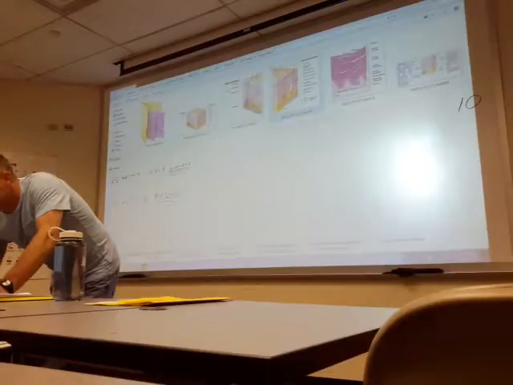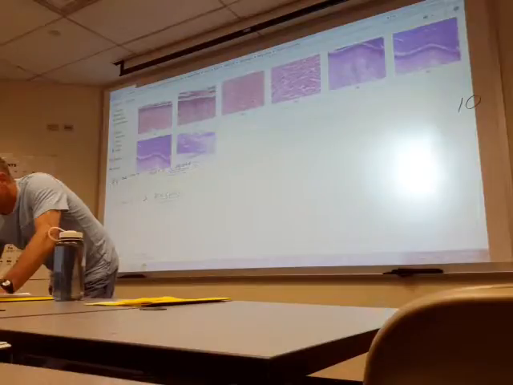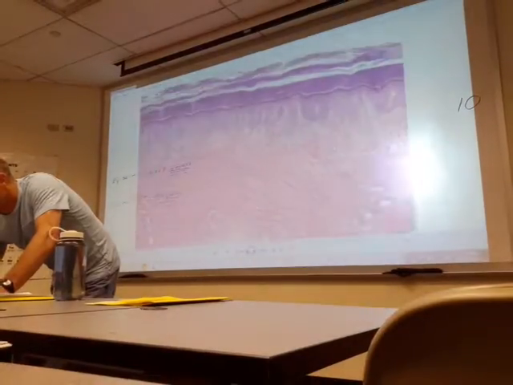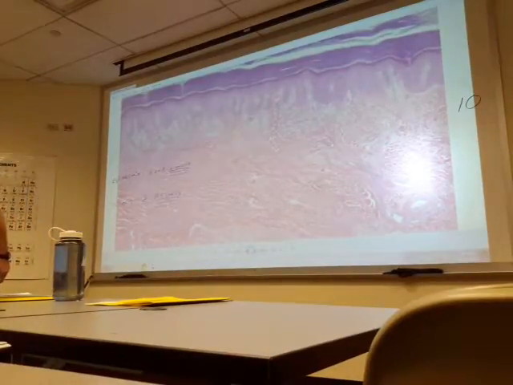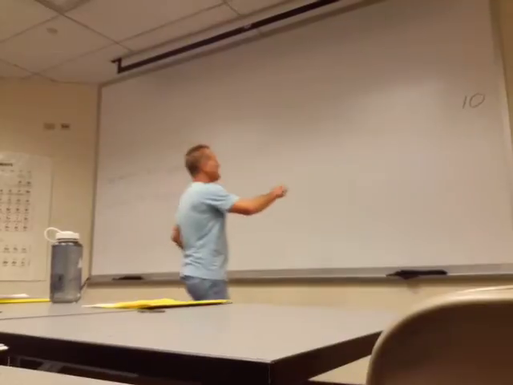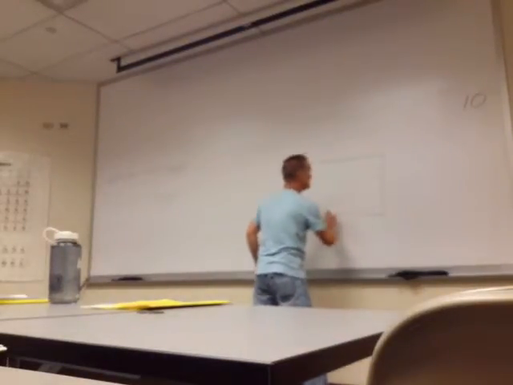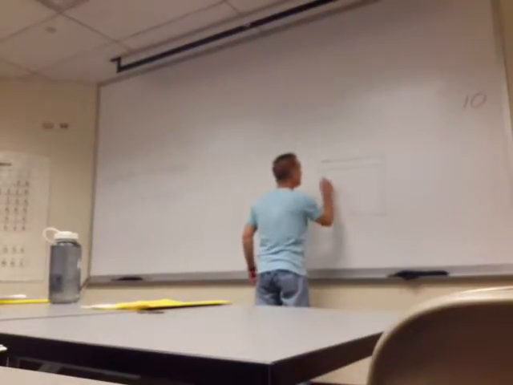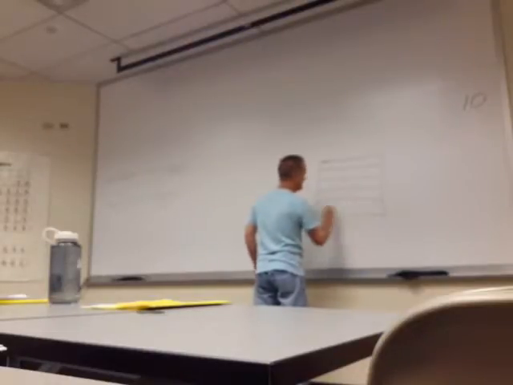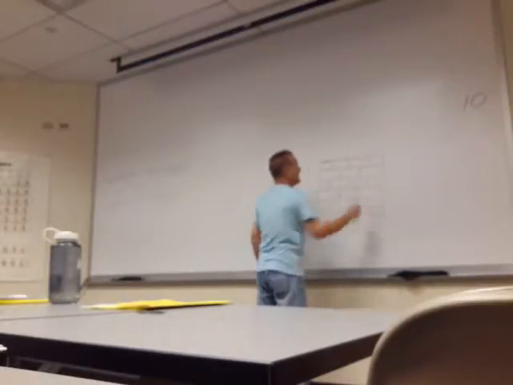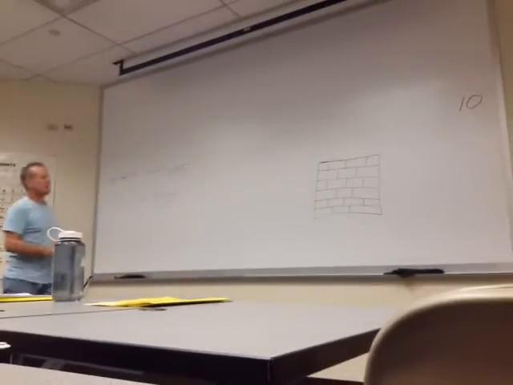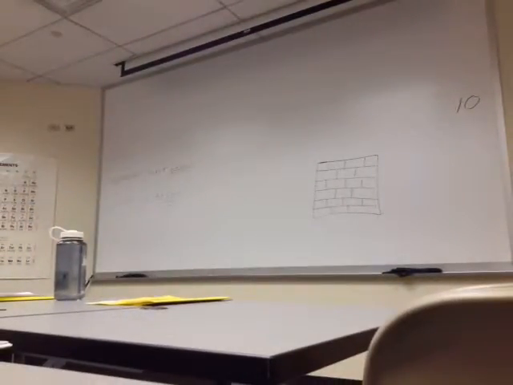So what's the difference between a region and a layer? We'll get there. First of all, layers are simple. Here is a brick wall. How many layers of bricks are in that brick wall? 6.